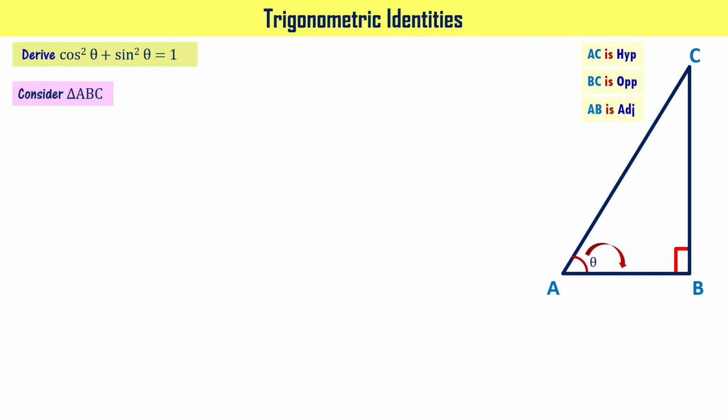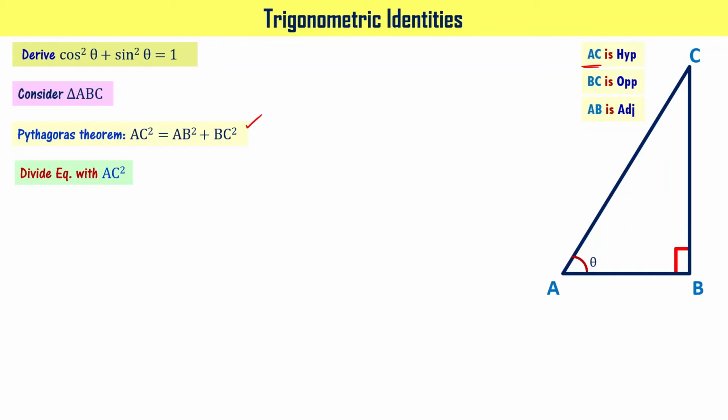Now, since it is a right angle triangle, we can write Pythagoras theorem for this, right? Pythagoras theorem says that the square of the hypotenuse is equal to the sum of the squares of the other two sides. Here, AC is the hypotenuse. That's why AC square equal to AB square plus BC square, right? Now what I want to do is divide this equation with AC square.